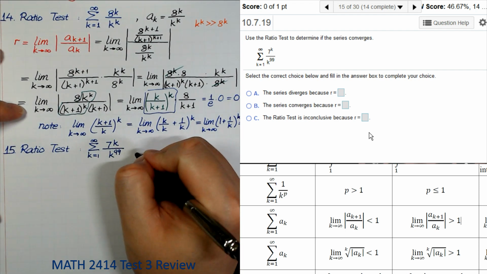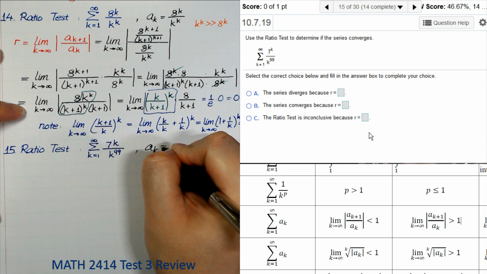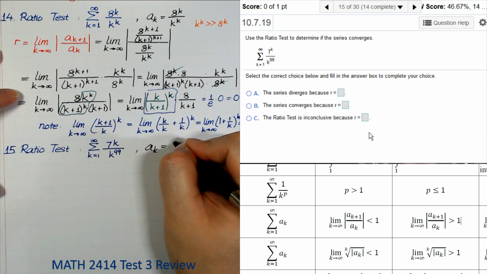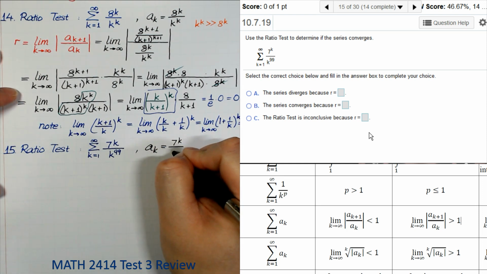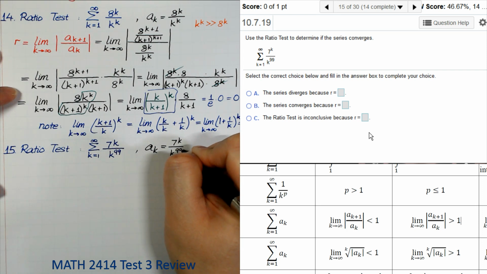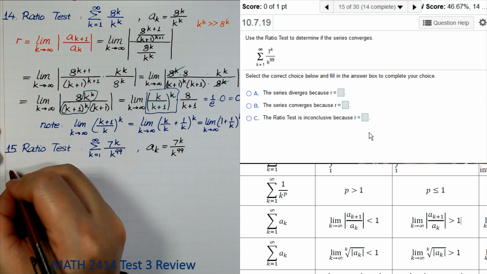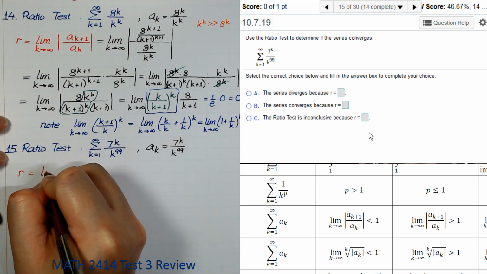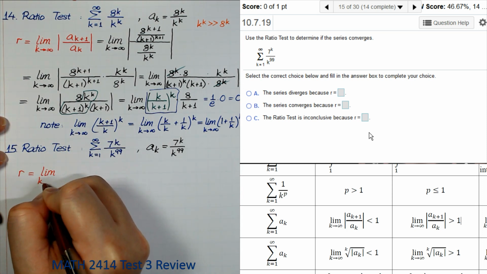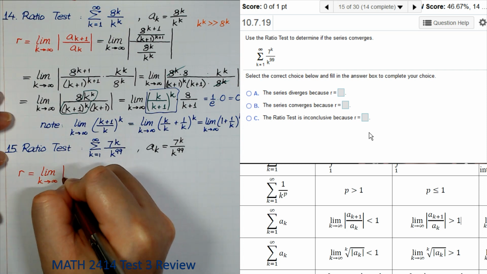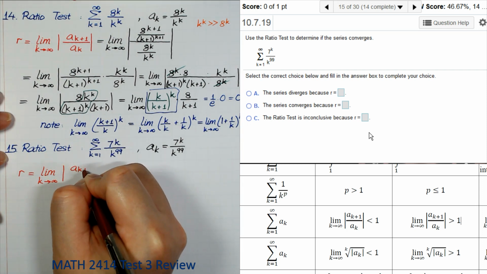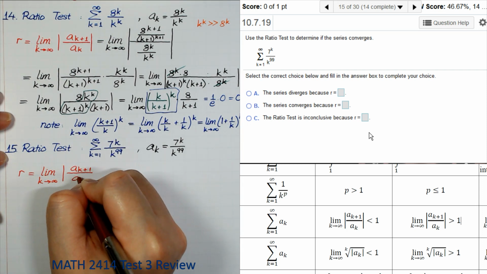Right. So a of k is equal to 7 to the k over k to the 99. So r equals a sub k plus 1 over a sub k.